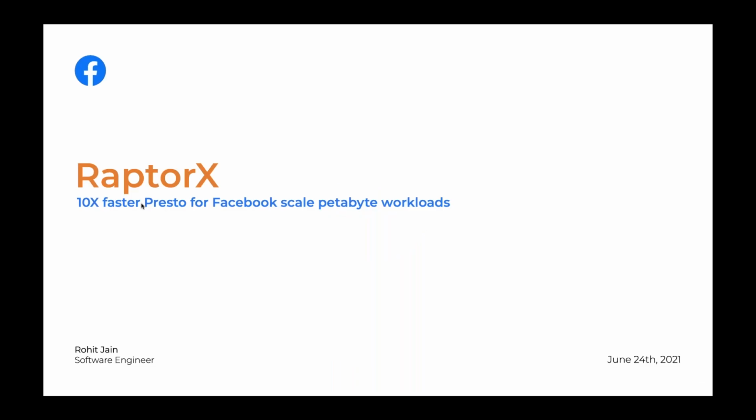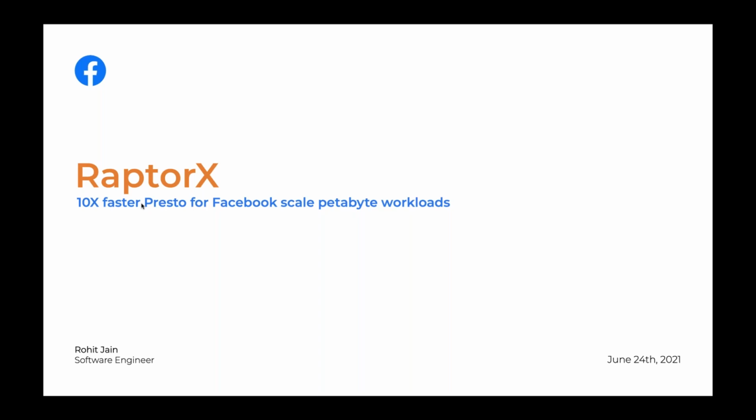Okay. My name is Rohit Jain. Thanks for the wonderful introduction. I'm a software engineer at Facebook. Been primarily focusing on the latency sensitive queries at Facebook. And in the over 1.5 years of my career at Presto and Facebook, we have been able to achieve a lot, and we have been able to get more than 20 times faster queries improvement, doing multiple things.